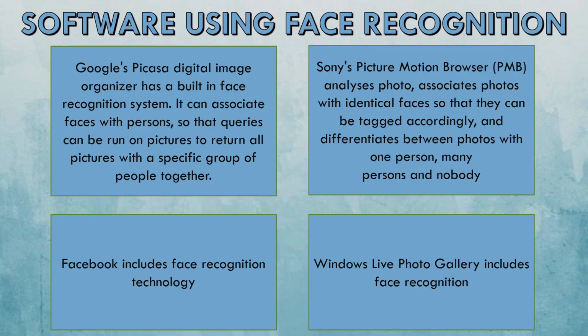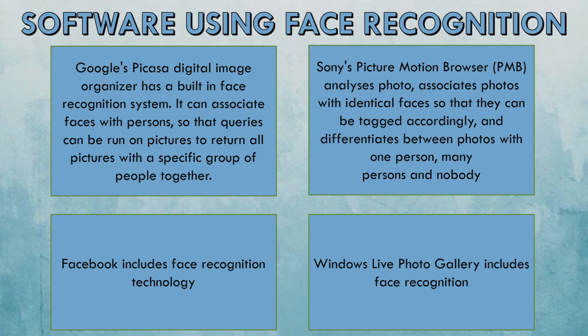And the next thing is where this face recognition concept is being used in present days, in which software it is being used. First thing is Google Picasa. Google Picasa uses face recognition software to detect people's faces in a picture.